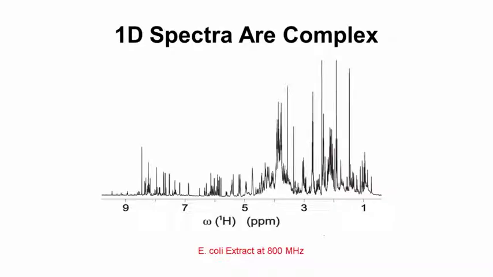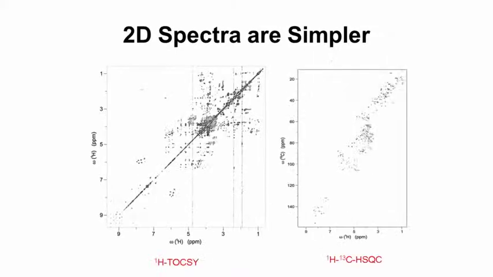So, as we've pointed out before, 1D spectra, when all the couplings are allowed, are really, really complicated. You can simplify them through spectral editing, like the CPMG methods, or through techniques like the pure shift sequences. But you can also go to 2D.